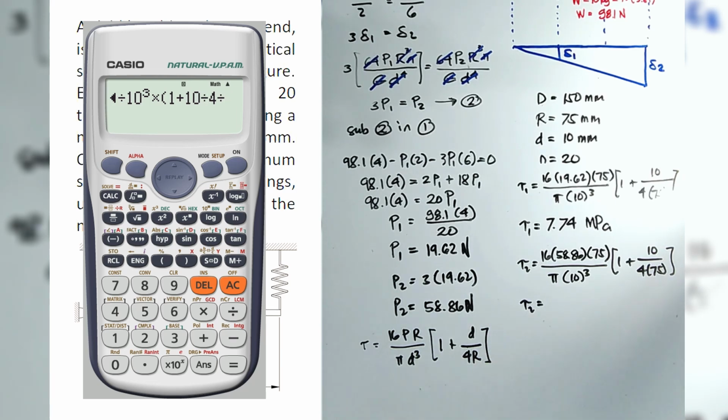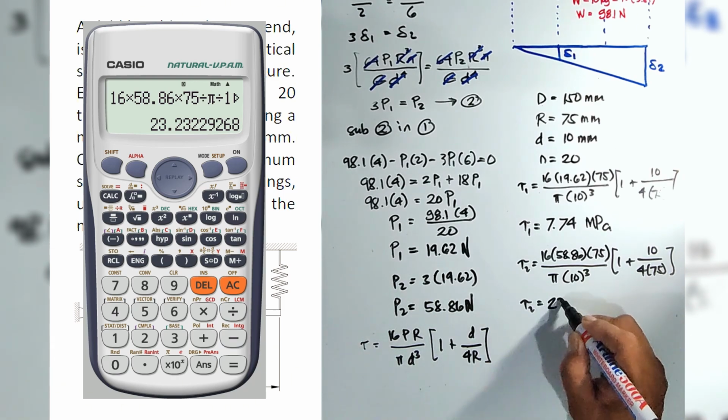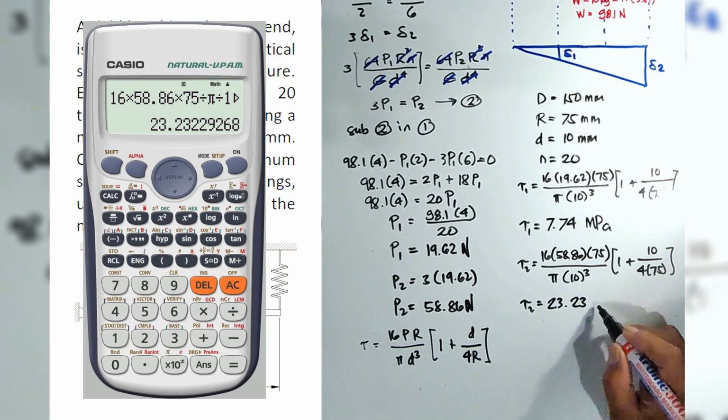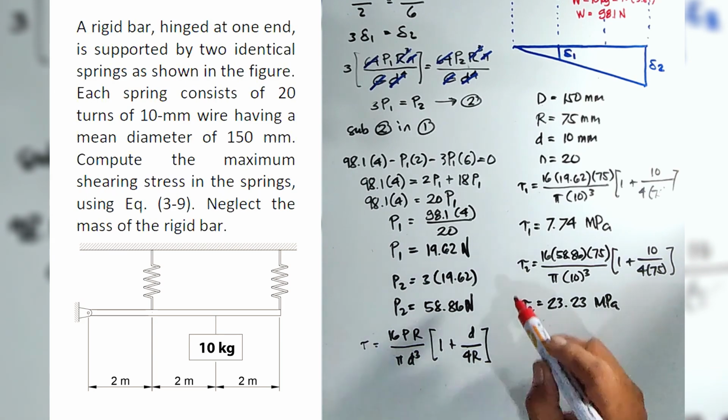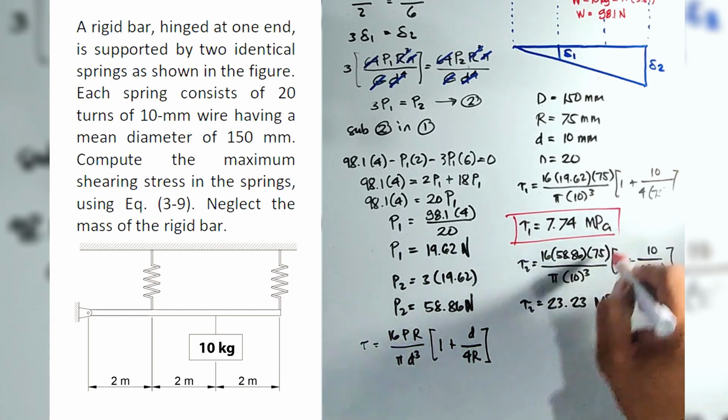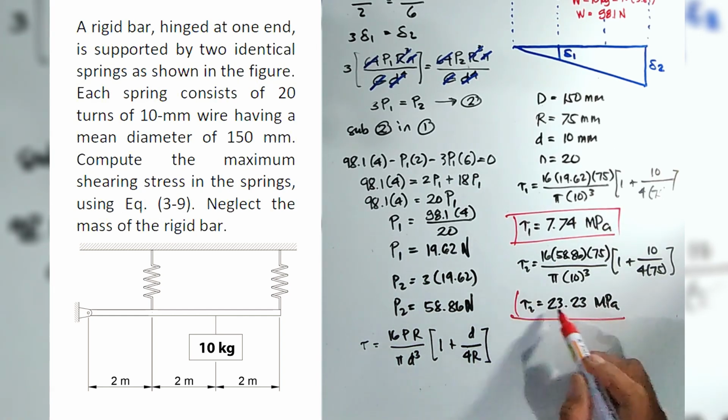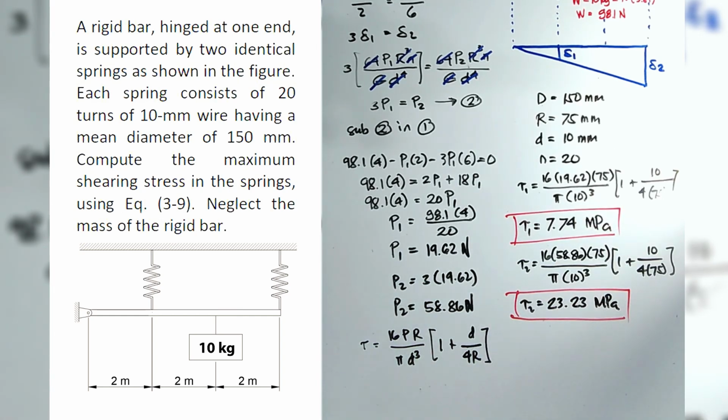Shearing stress for spring 2 is 23.23 megapascal. So our answers are, for spring 1, this is the shearing stress, and this is the shearing stress for spring 2.